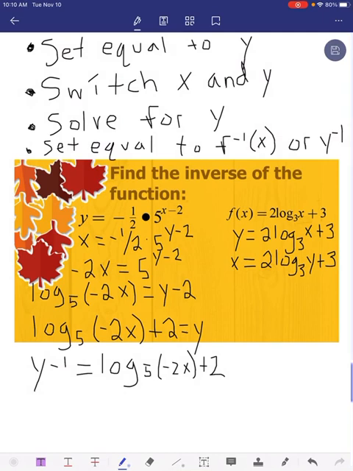And then before we can rewrite it in exponential form, we need our log to be by itself. So thinking about my order of operations backwards, normally we do our multiplication and division first, and then we do our addition and subtraction.